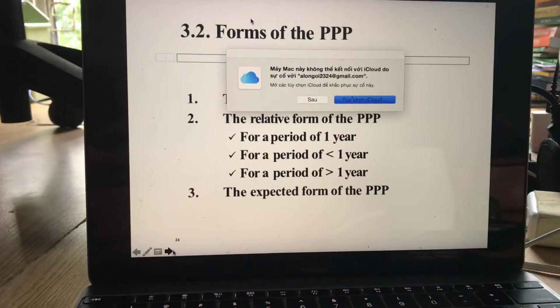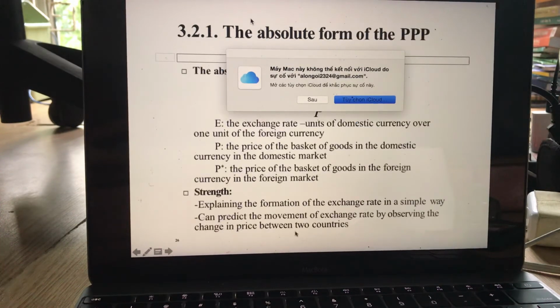For the form of the PPP, we have three forms: the absolute form, relative form, and the expected form. For the absolute form, we have this part, EP. The absolute form is simple: EP equals P divided by P star.